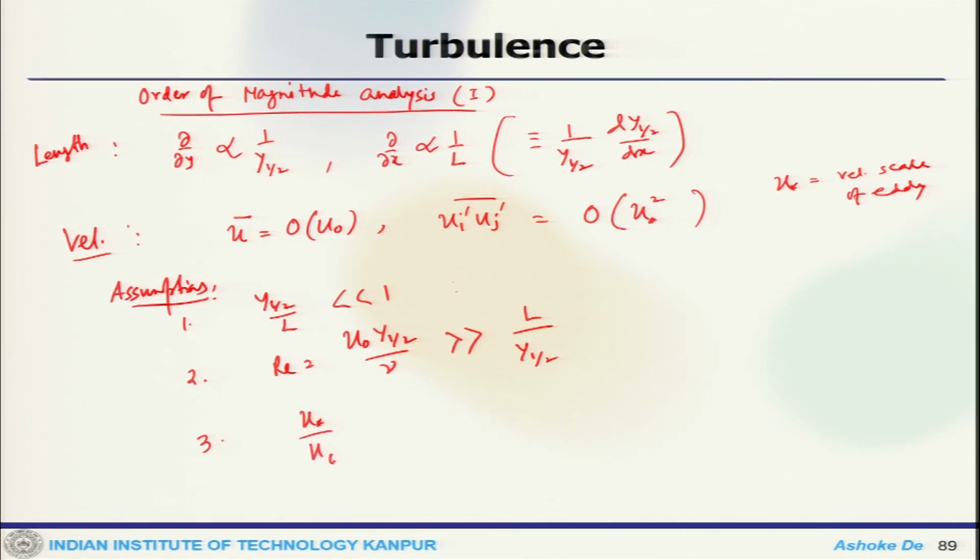Third, u star by u naught is of order the square root of y half by L, which means the turbulence adapts itself to changes in the mean flow.